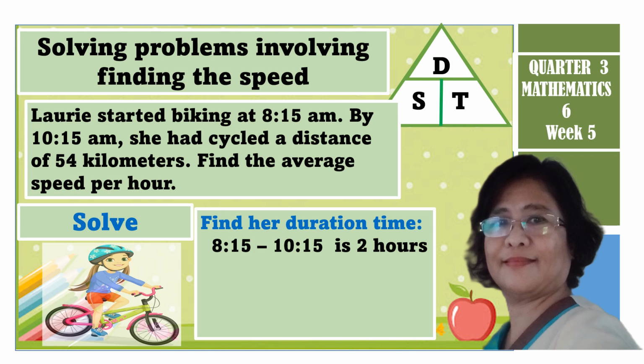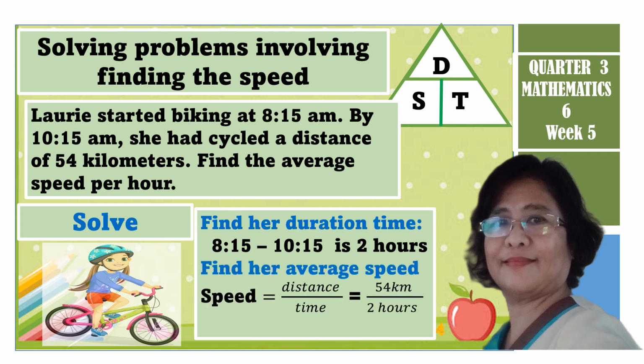Since the time is already known, let us now determine the speed by dividing the distance over the time. Therefore, 54 km divided by 2 is 27. So the speed of Lori is 27 kilometers per hour.